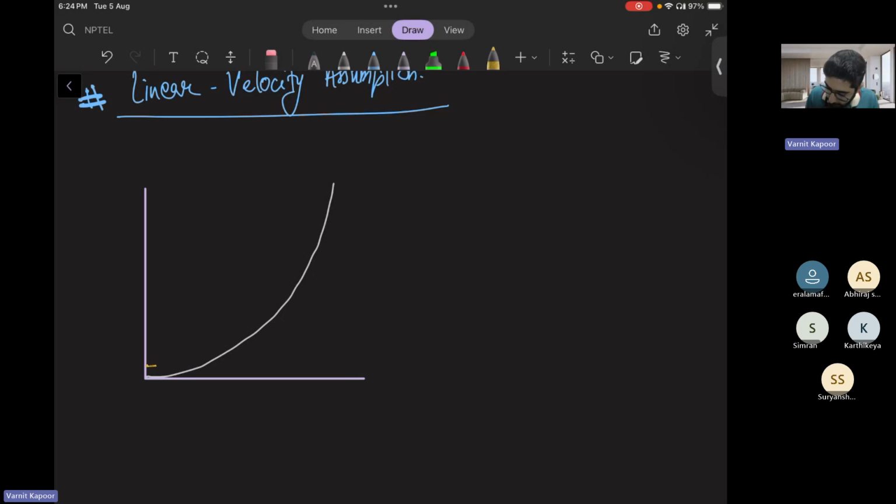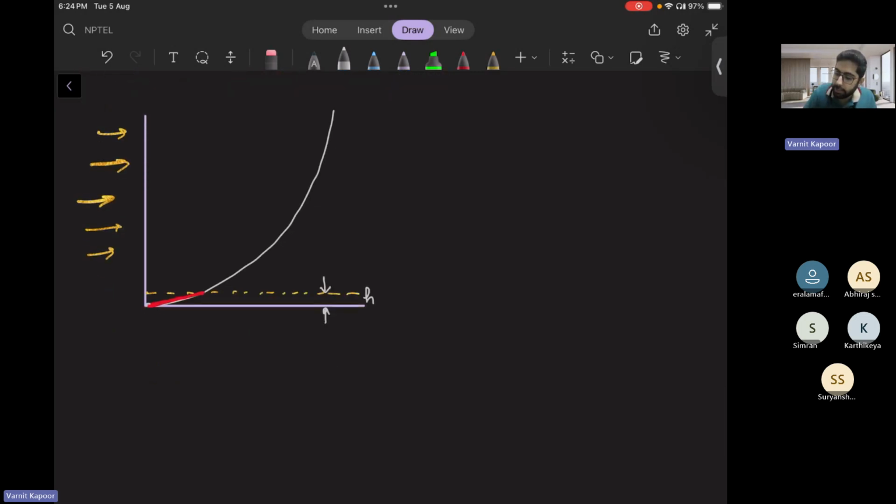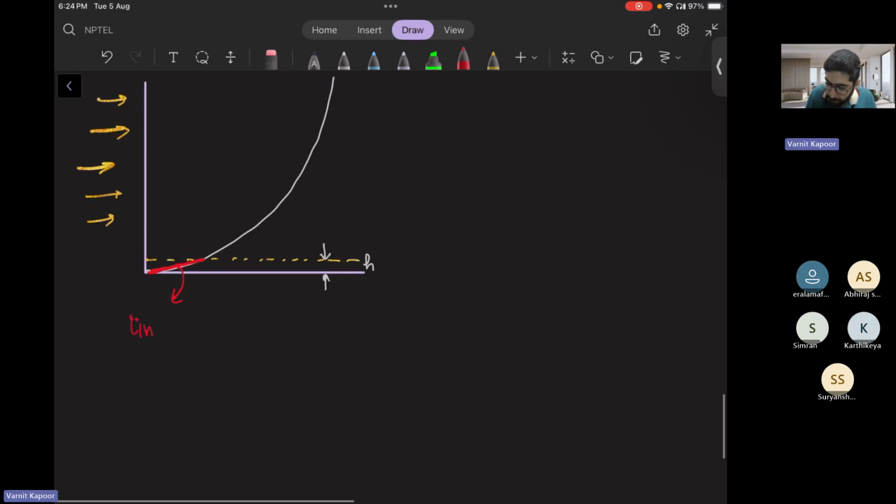If I assume that the fluid was flowing in whole, but I am considering only a very thin portion of the liquid flowing near the wall, then this line is something like linear in nature. And this distance is how much? Small h. In this region only, I will assume that the linear assumption will hold for the velocity.